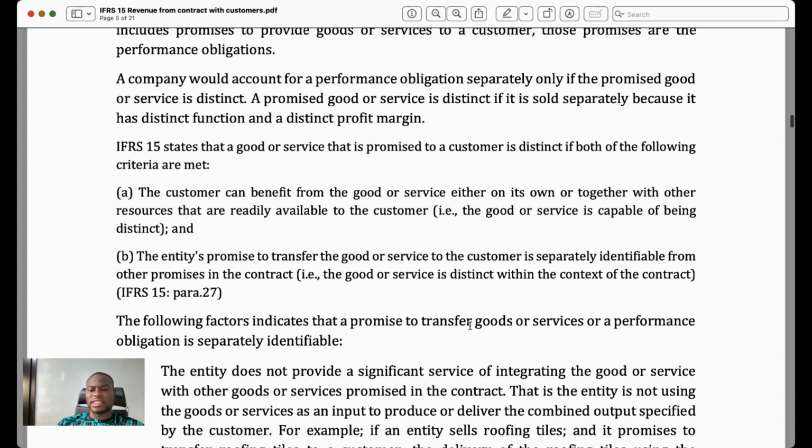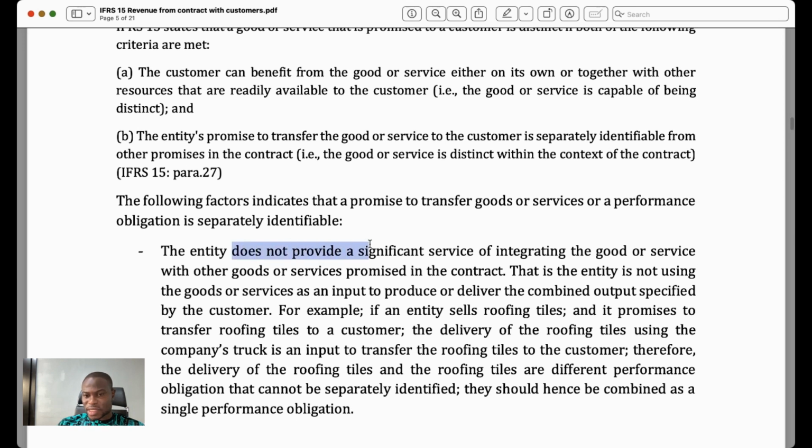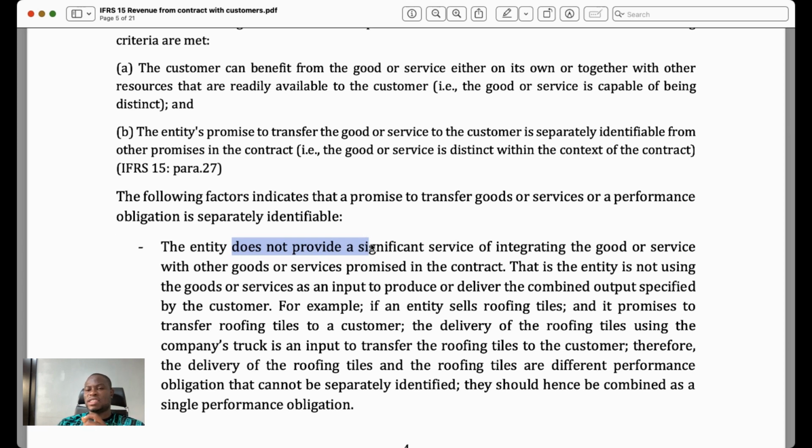And what do you mean by separately identifiable? It means three things here, according to IFRS 15. One is that it does not provide a significant service of integrating the goods or services with other goods or services, meaning that the good doesn't serve as an input for another good. It's just like you want to sell roofing tiles and you now promise the customer that you will deliver.